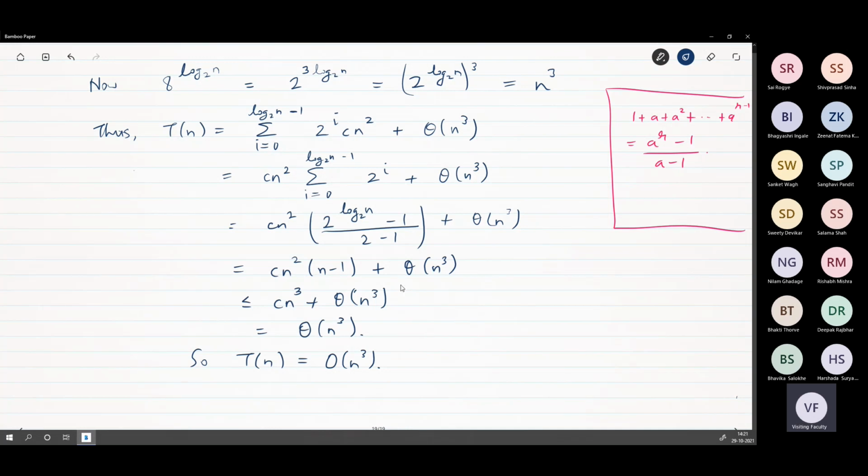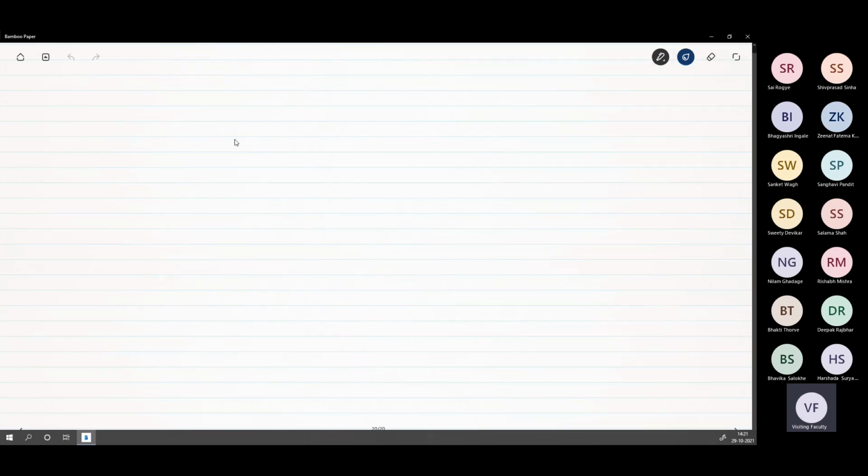Substitution method, remember? In the substitution method, the answer is given first and then you have to show that it is true. So let's try to solve T of n is equal to 8 T of n by 2 plus theta n square, to get the solution big O n cube by substitution method.